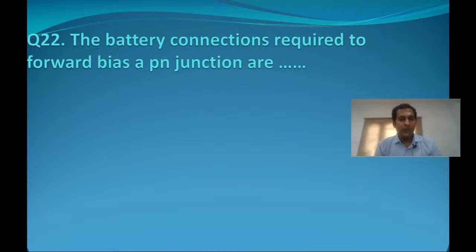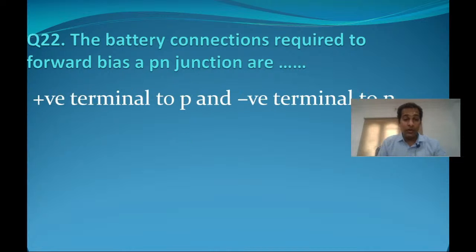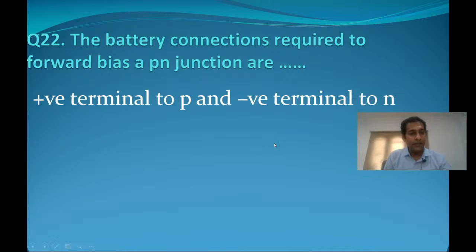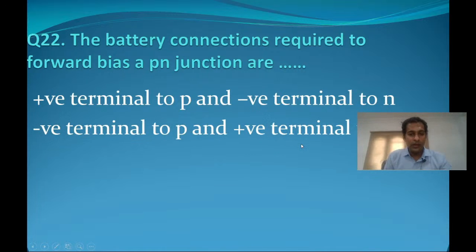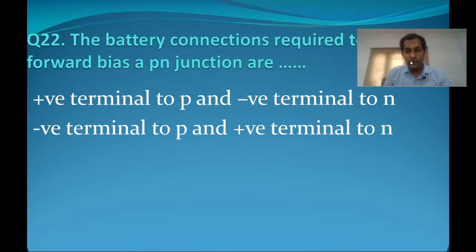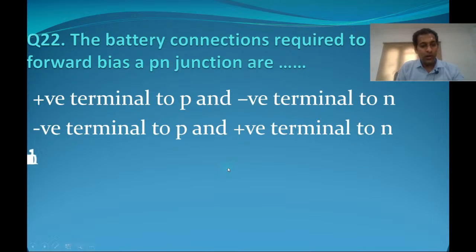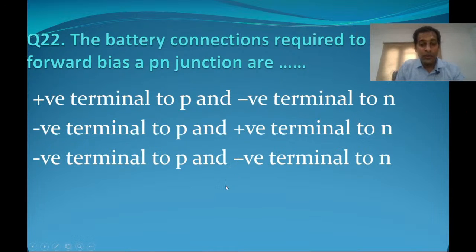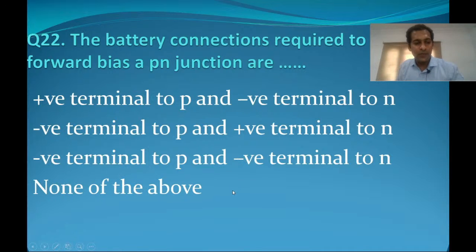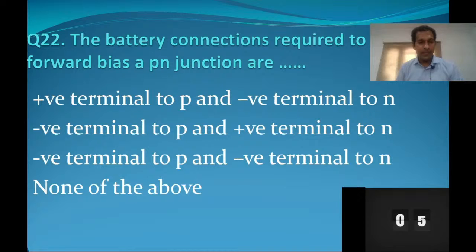Next question: the battery connection required to forward bias a PN junction are positive terminal to P and negative terminal to N, or negative terminal to P and positive terminal to N, or negative terminal to P and negative terminal to N, or none of the above. If you have seen the PN junction diode in our recent classes, it's a very easy question to answer.